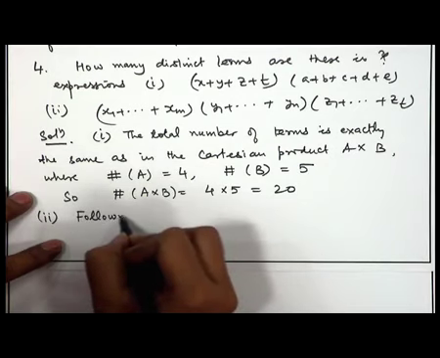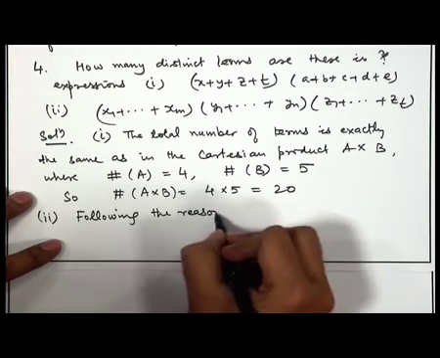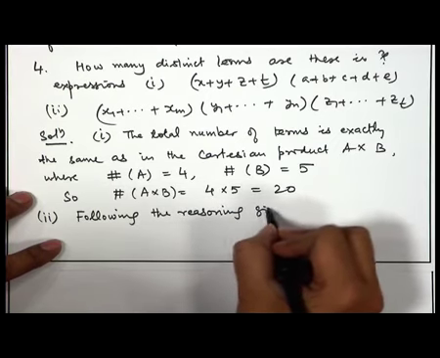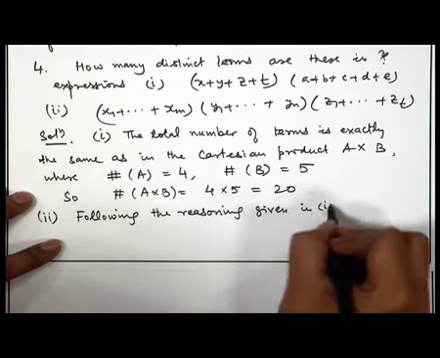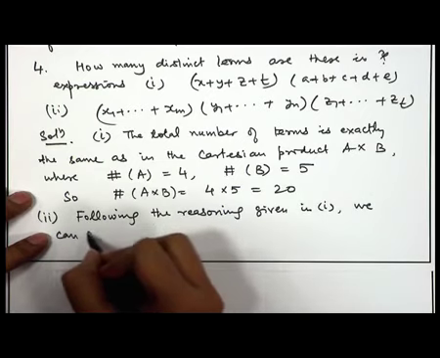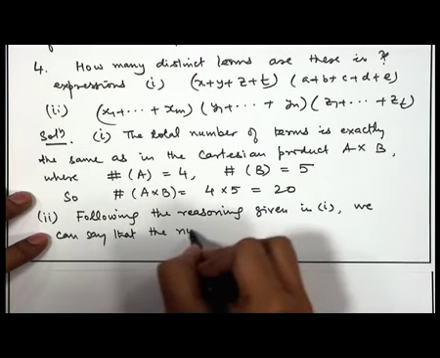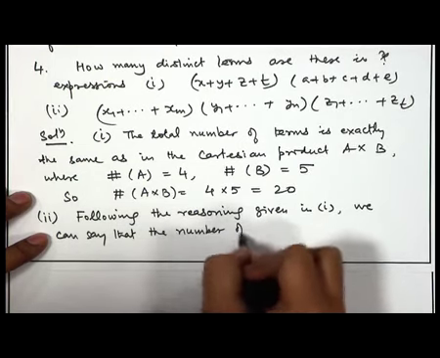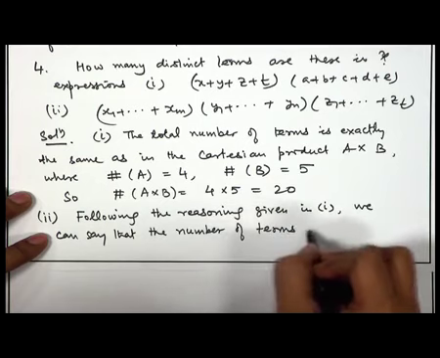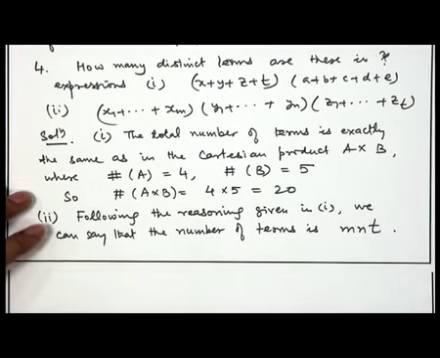So, following the reasoning given in the first part, we can say that the number of terms is m into n into t.